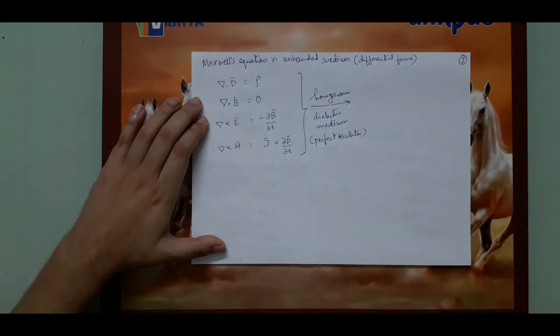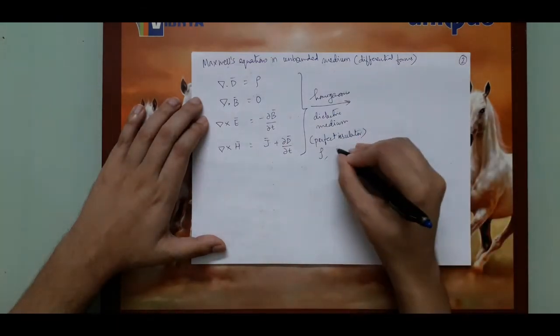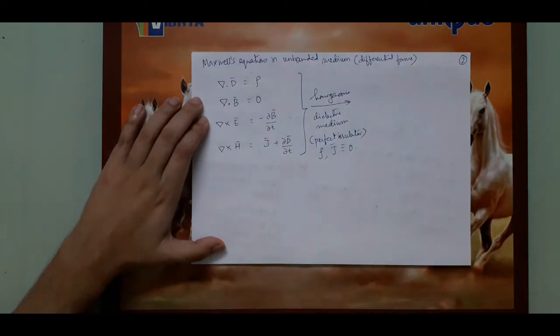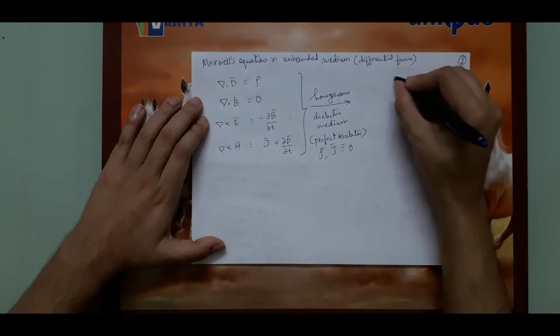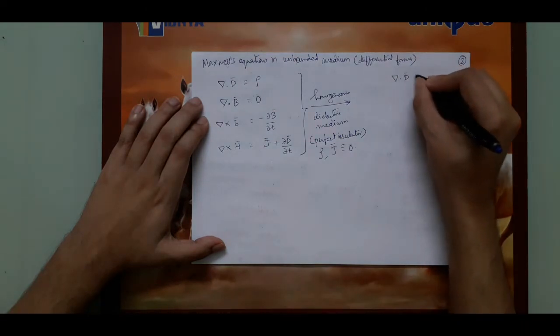So for a perfect insulator, rho and J are identically 0. So in that case, Maxwell's equations essentially become something of this kind.